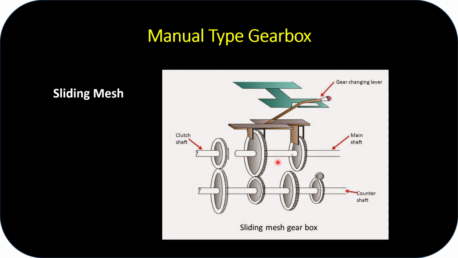Whichever gear we want to select, that gear will slide towards the gear on the lay shaft to mate together and start rotating. If I want to select the first gear in this case, I will move my gear changing lever so that the biggest gear on the main output shaft comes in contact with the smallest gear on the counter shaft and will have first speed.